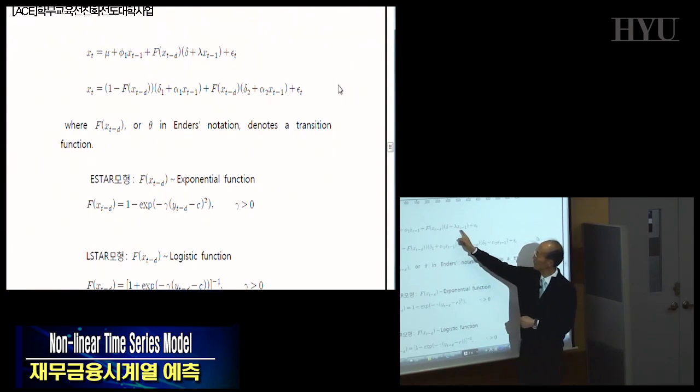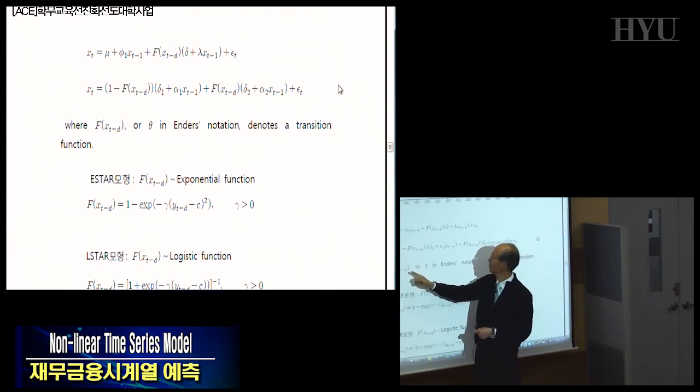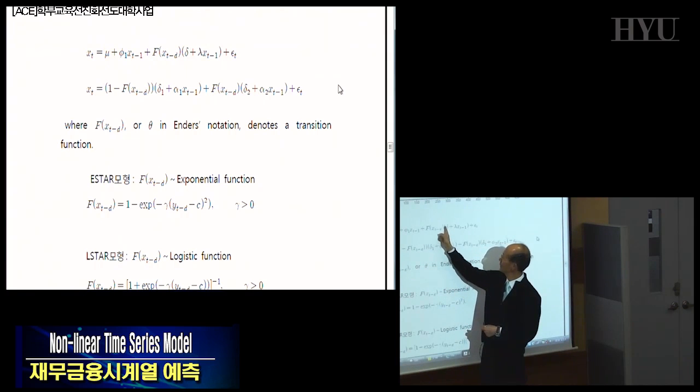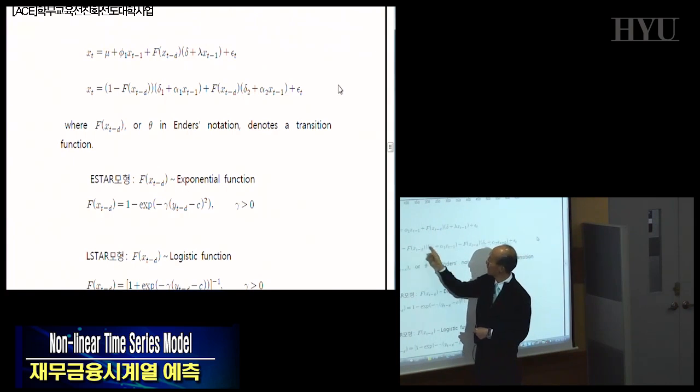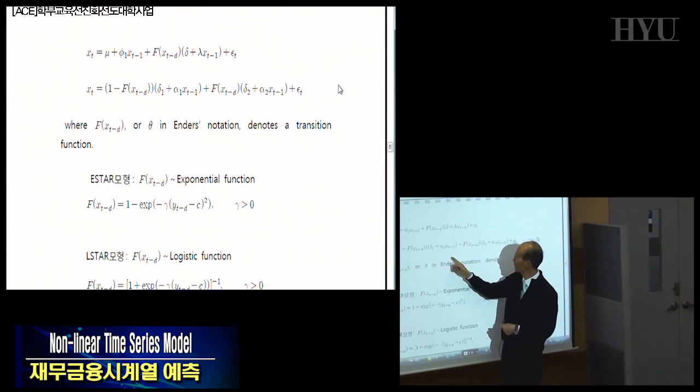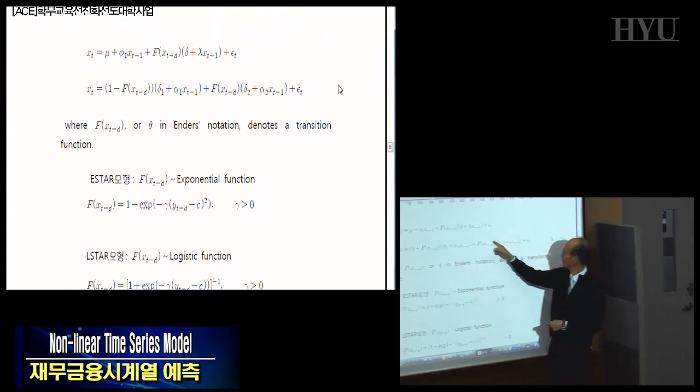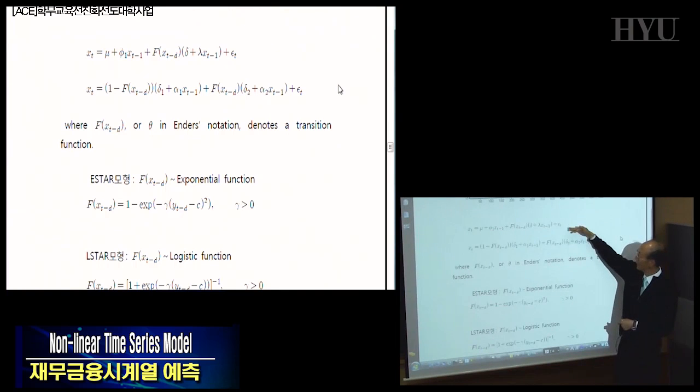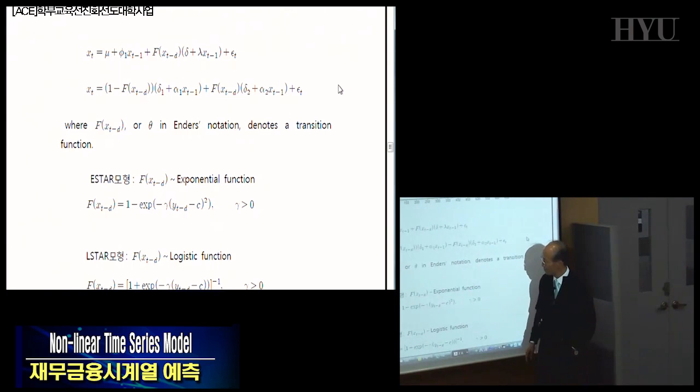We can rewrite this expression as 1 minus f times an AR1 process, and then f times another AR1 process. Either way, it's the same thing. Where this f, in this case, could be an exponential function. I'll show you how it looks below.